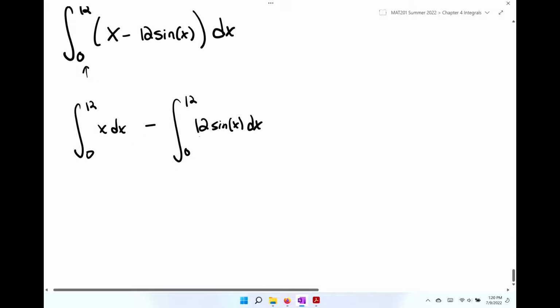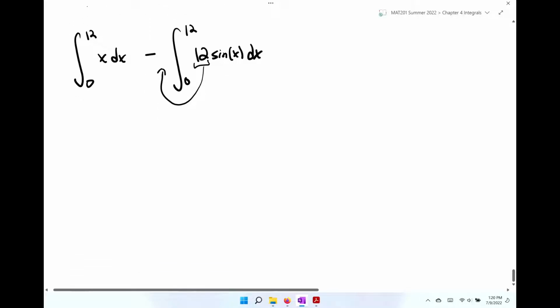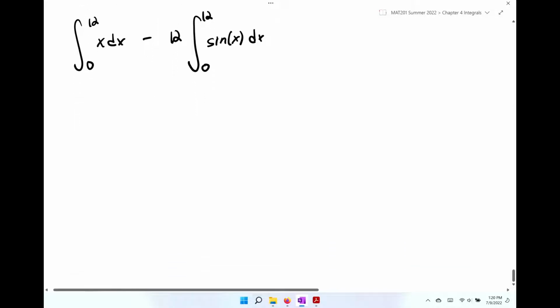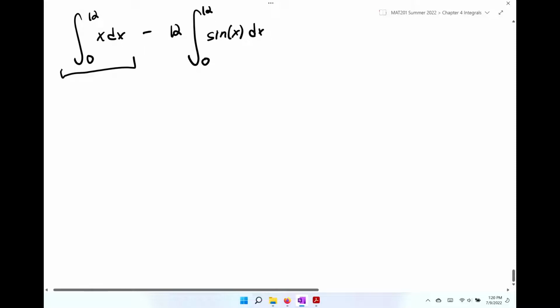Now I'm going to take this 12 and pull it out front. So we're going to get the integral from 0 to 12 of x dx minus 12 times the integral of sine x dx from 0 to 12. And what I'm going to do first is we're going to integrate this.